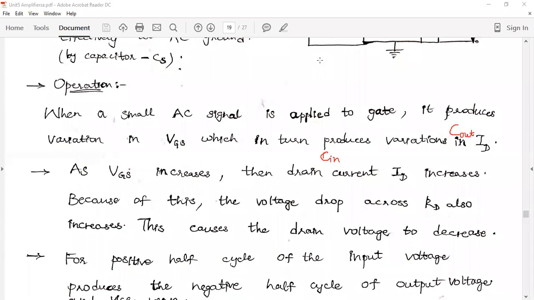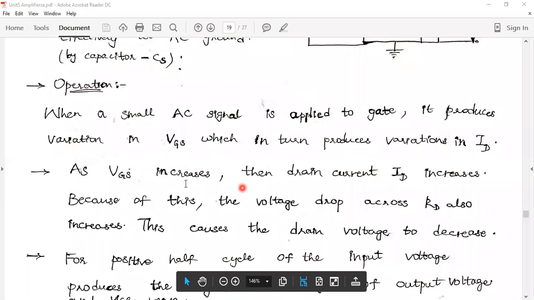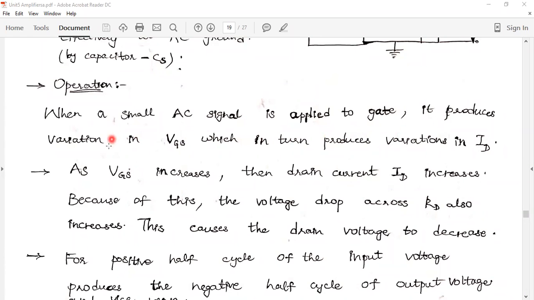Operation. When a small AC signal is applied to the gate, it produces a variation in VGS, which in turn produces a variation in ID.